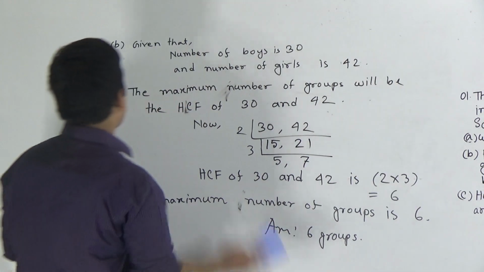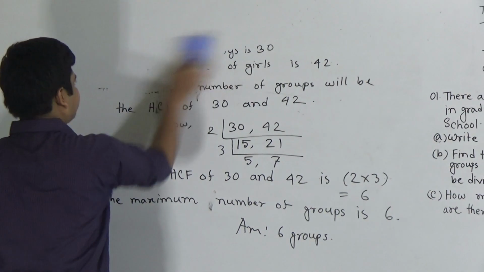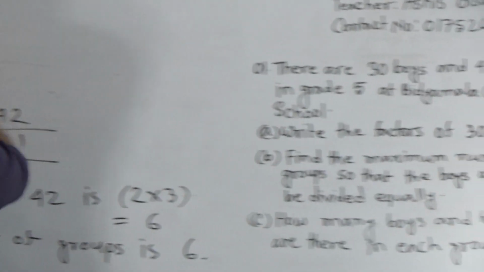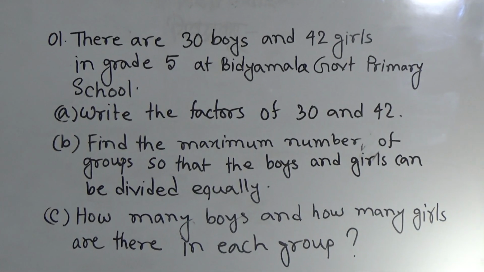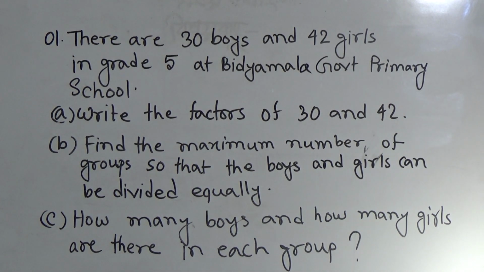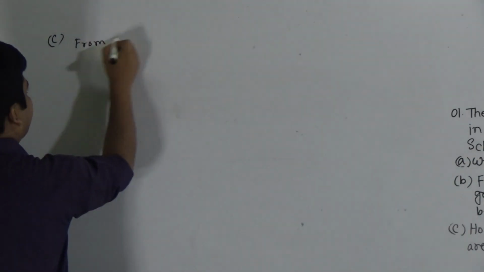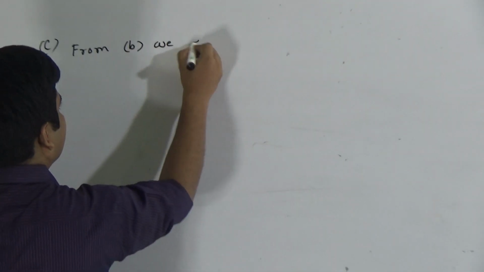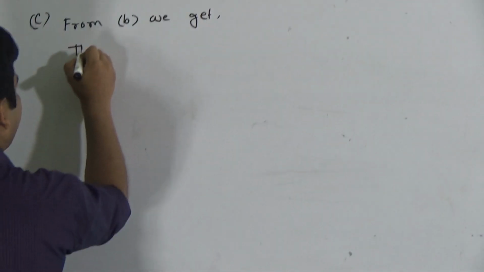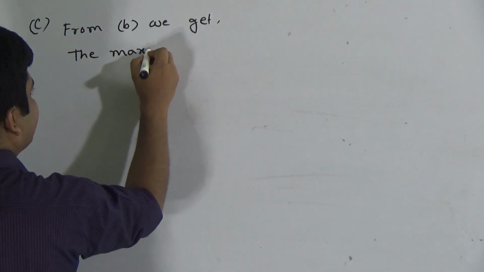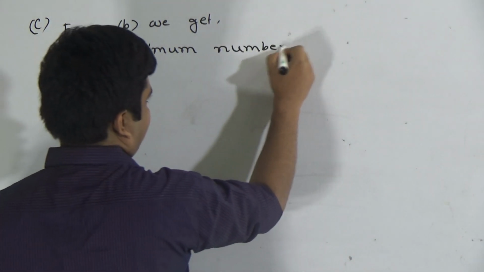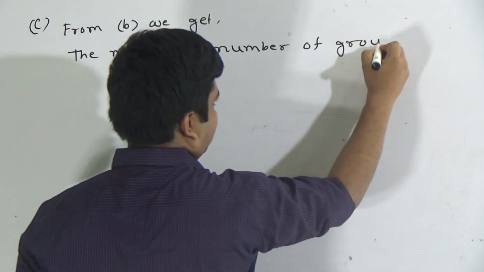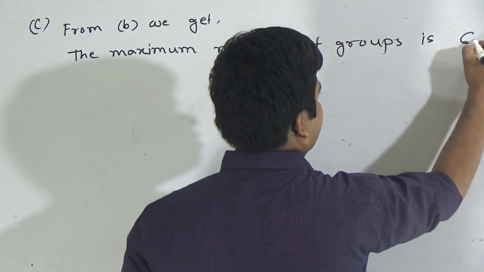So first of all, C. From B we get the maximum number of groups is 6.